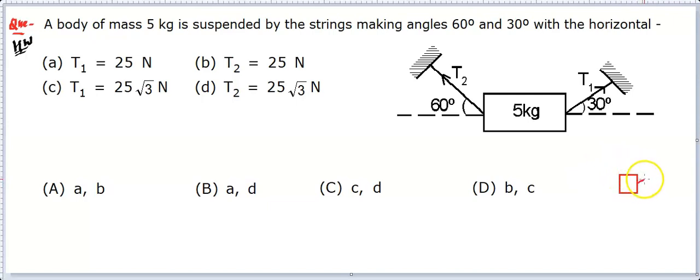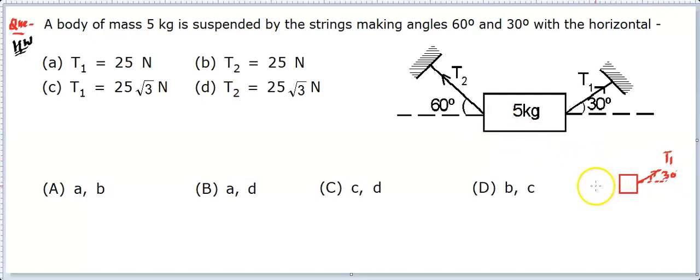So there's going to be a tension force acting like this, which will be known as T1, and it is shown there. So this is on the string, at the point where the string is connected and along the string. So it's along the string, which means it is making an angle of 30 degrees with the horizontal.